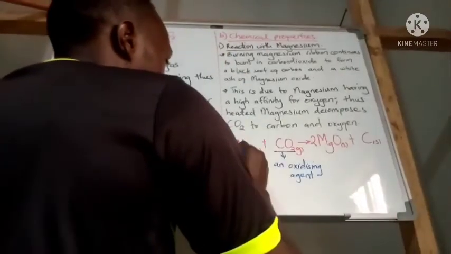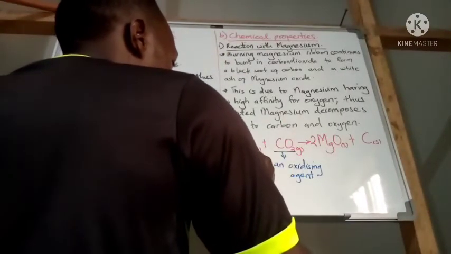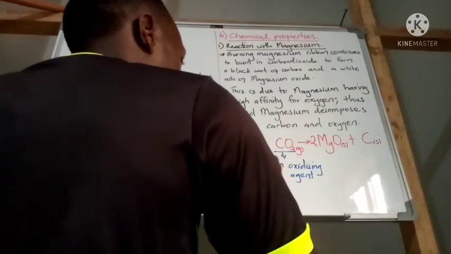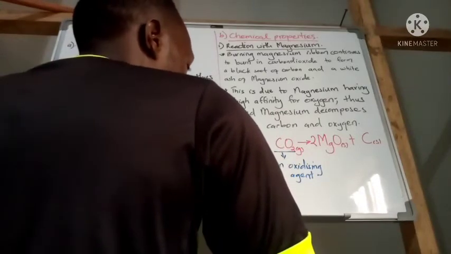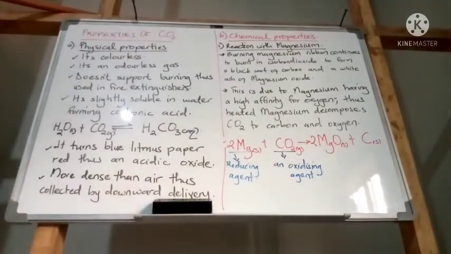And magnesium is behaving as a reducing agent. That's why we are seeing that carbon dioxide is oxidizing magnesium to magnesium oxide, and it's itself reduced to carbon.